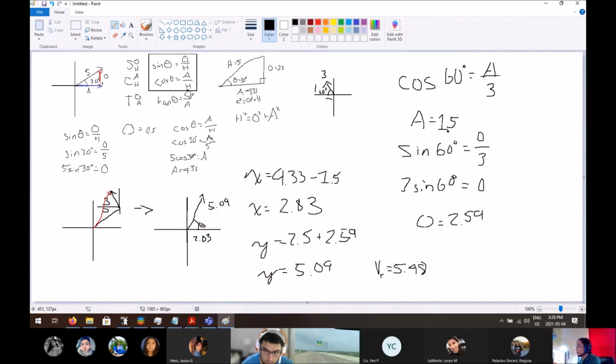So now you do the same thing that we did to find the component vectors, but you use it in another way.